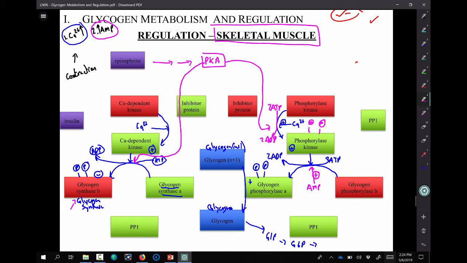Now here's something that is different. PKA will also, and this is not really shown here, but I'm going to draw it out here and get to it on our next slide, phosphorylate a protein called GM.